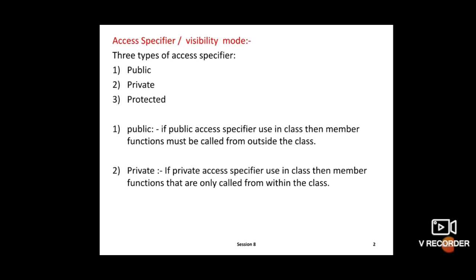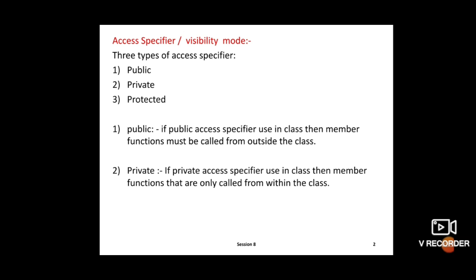Now the second one is private. Private means only that function, only limited to that function. If the private access specifier is used in a class, then member functions can only be called from within the class. This is very important. When public is used, it is accessible outside the class, and when private is used, then only from within the class.